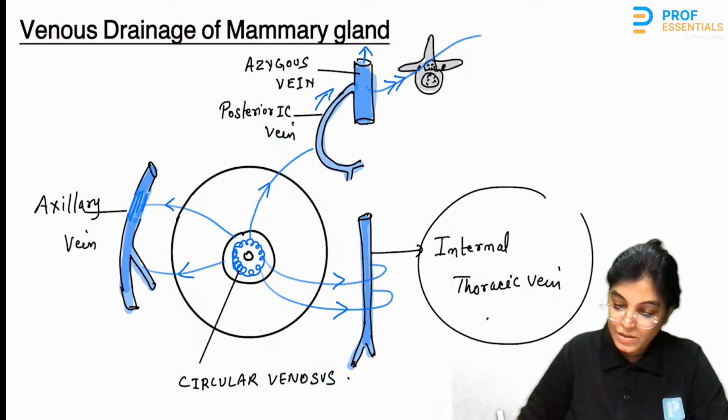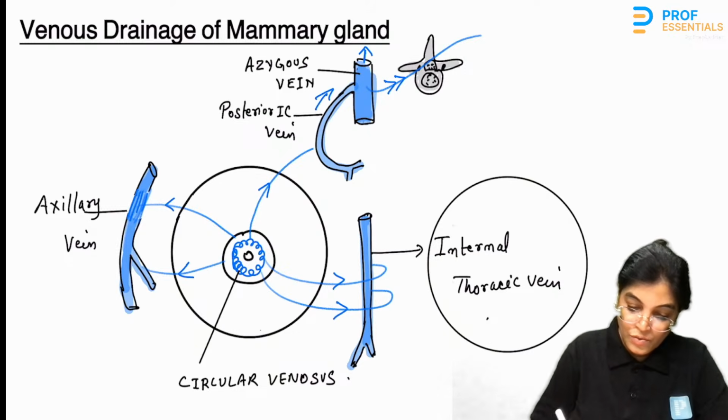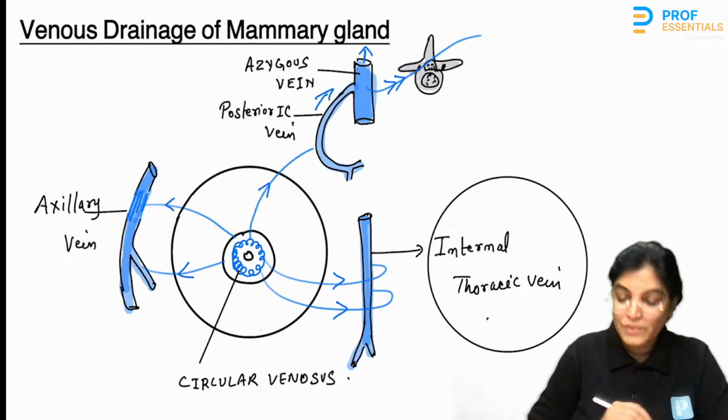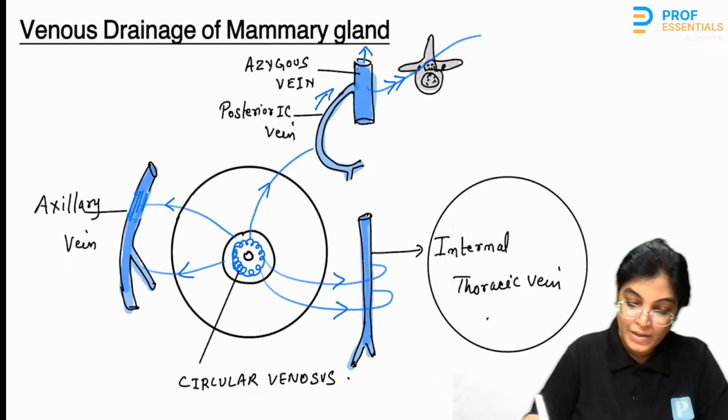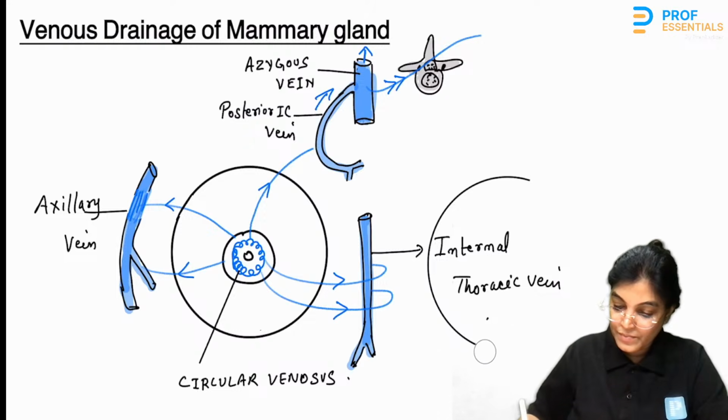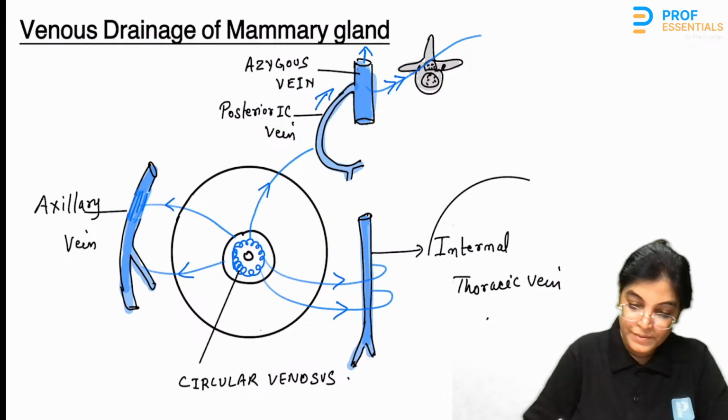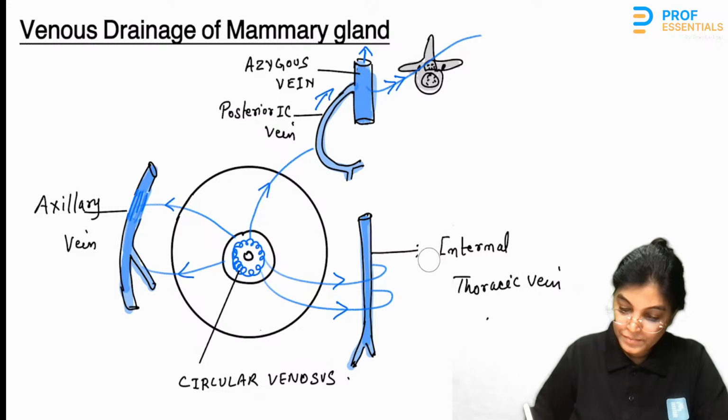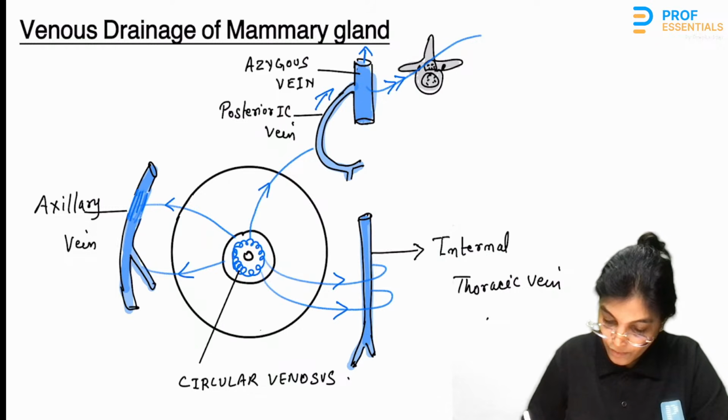So one is the internal thoracic vein, one is via the posterior intercostal vein, and so if you are getting confused with this circle, you can remove it.